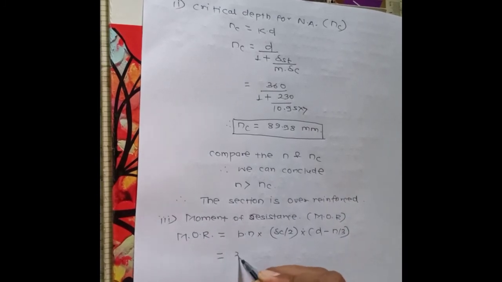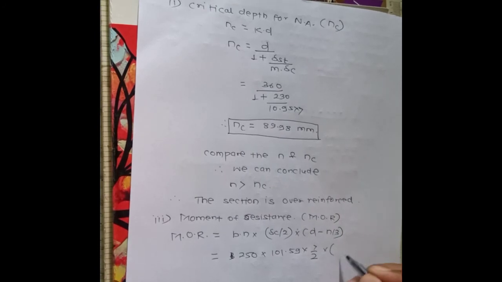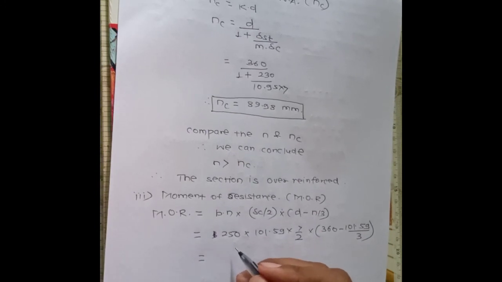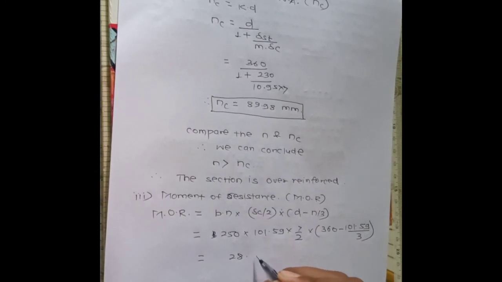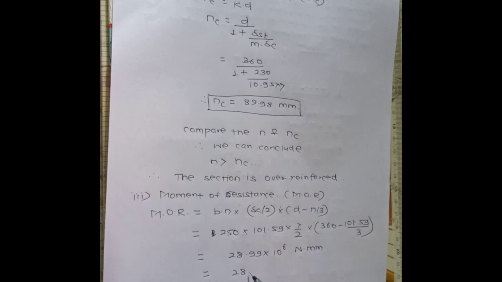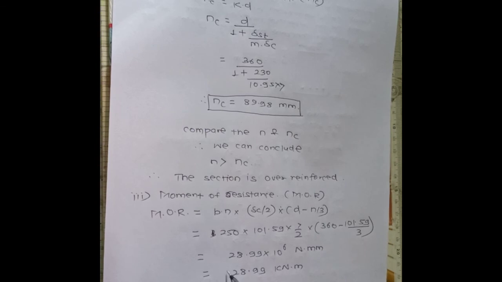Now put the values: 250 into 101.59 into 7 by 2 into 360 minus 101.59 by 3. After solving this, you will get the value 28.99 into 10 raised to power 6 Newton mm. So just simply convert to kilonewton meter, that is 28.99 kilonewton meter. So this is our final answer.